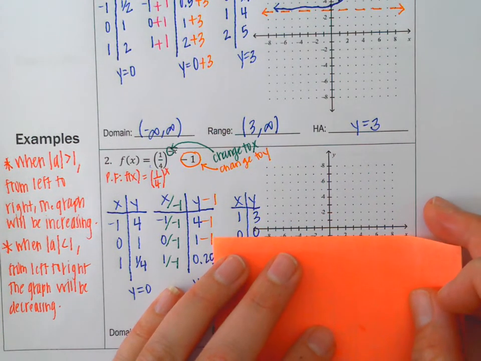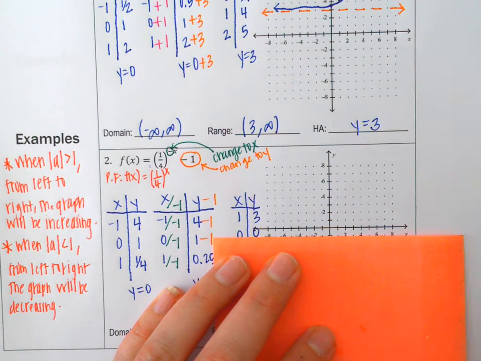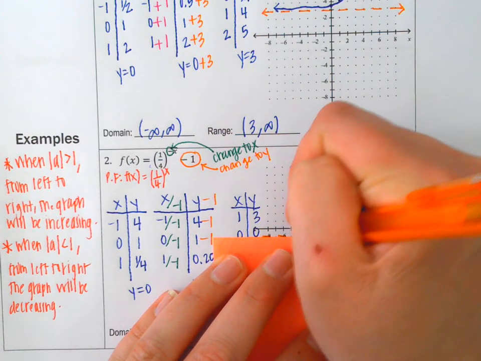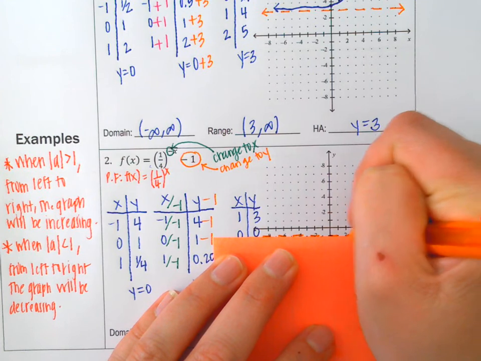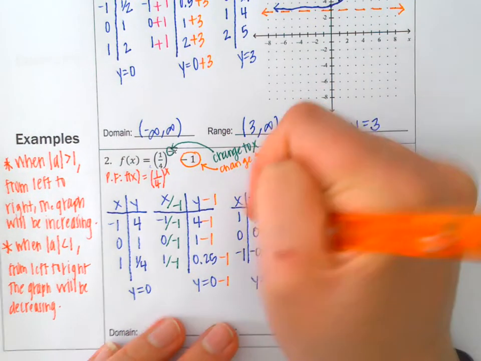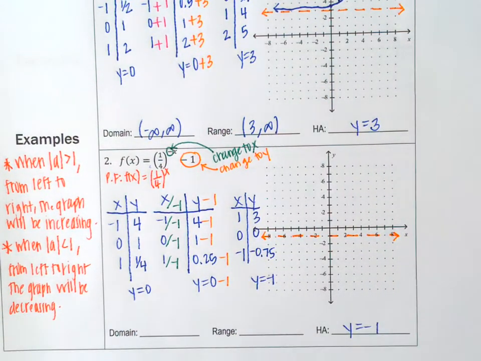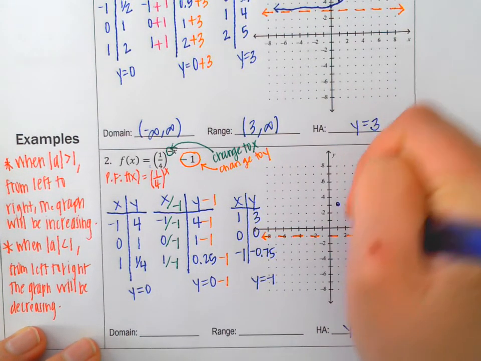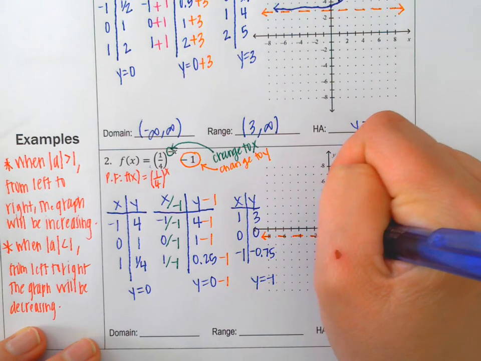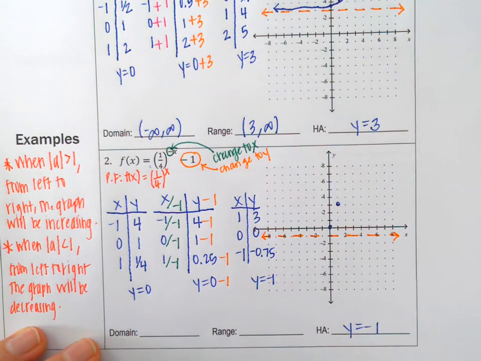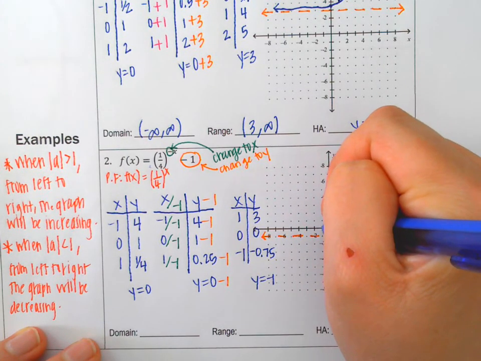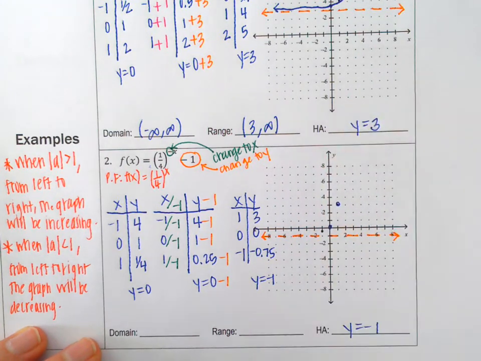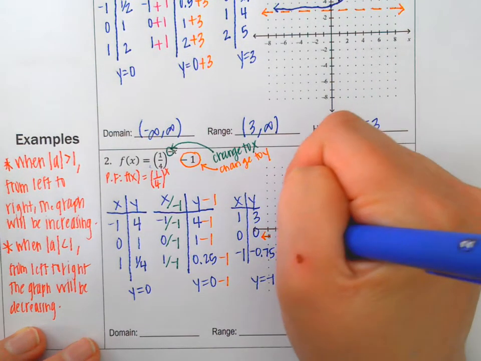Just down here. And there is my asymptote. Now I can graph my points. So 1 is at 3, 0 is at 0, and then -1 is at -0.75.